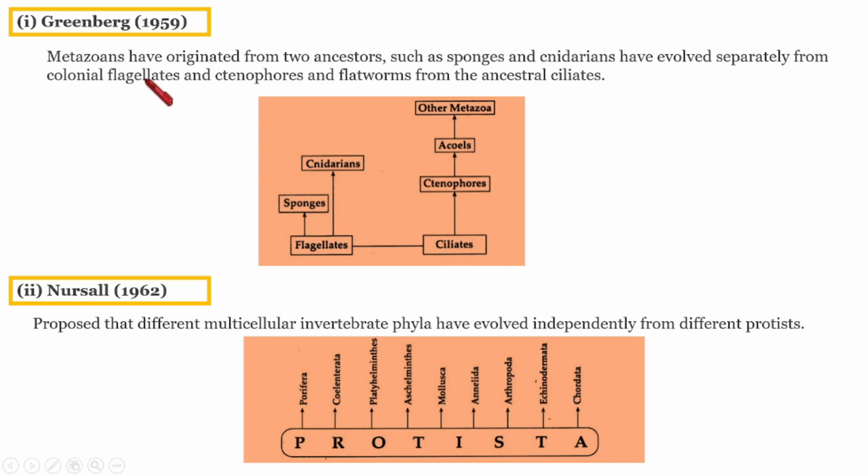He proposed this hypothesis. Next, Nursall in 1962 proposed that different multicellular invertebrate phyla have evolved independently, not through a common axis, independently from different protists. So that is the hypothesis proposed by Nursall.